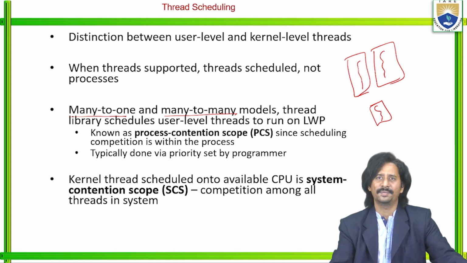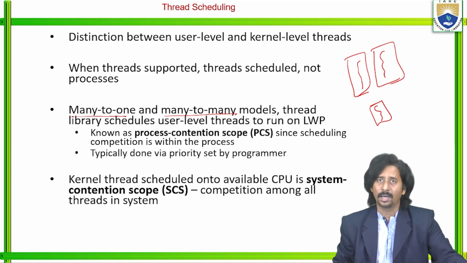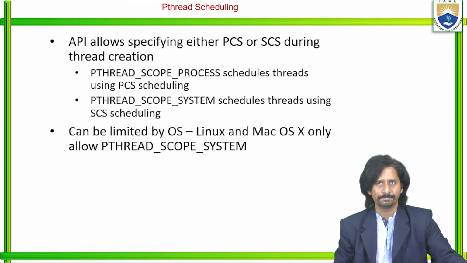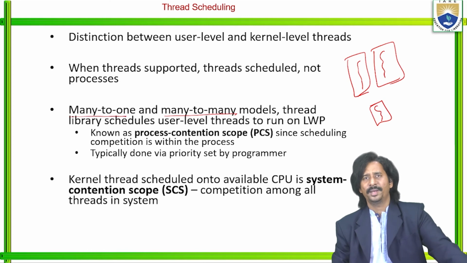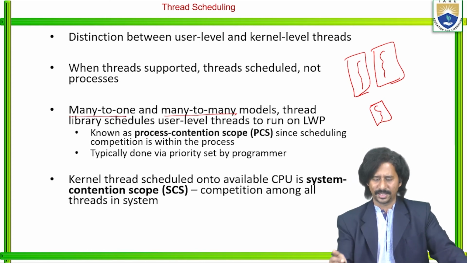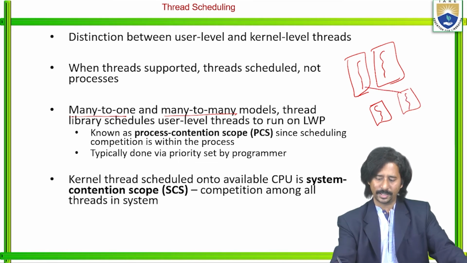So generally kernel level threads are scheduled within this particular SCS only, right? So we look into what is meant by thread scheduling in depth. See, for example, this is many to many threads, right? So this particular thread is mapped to this one, this particular thread is mapped to one.